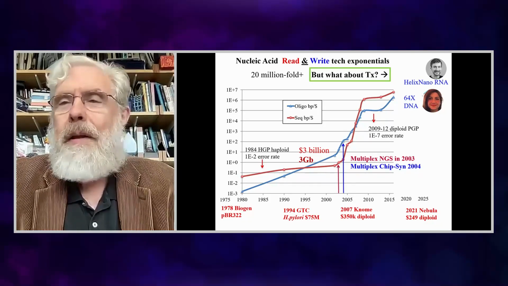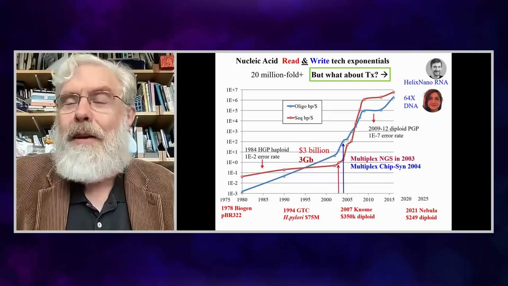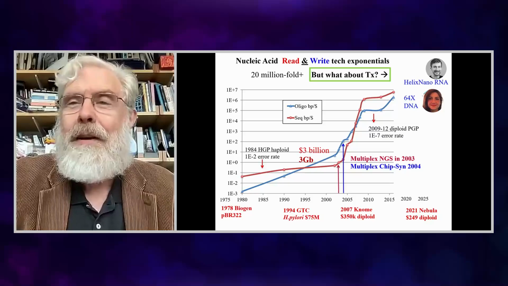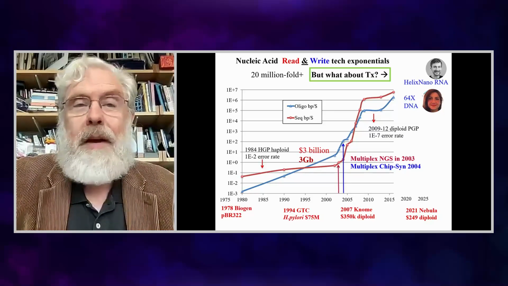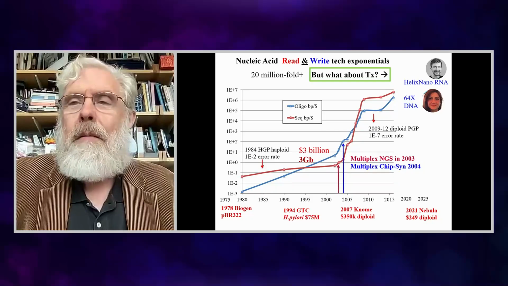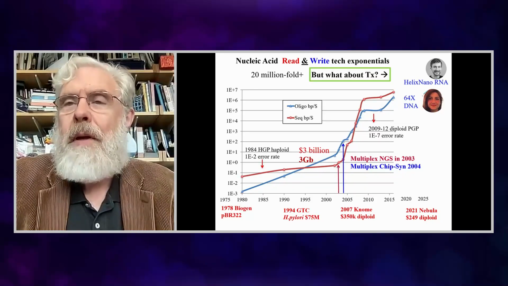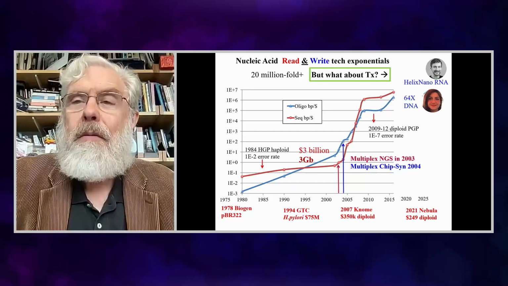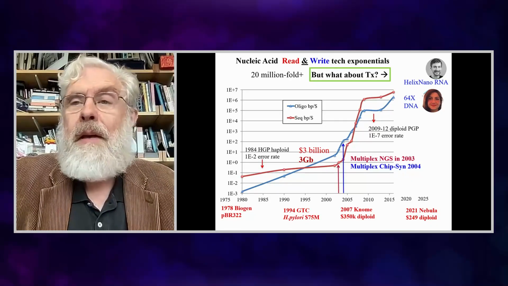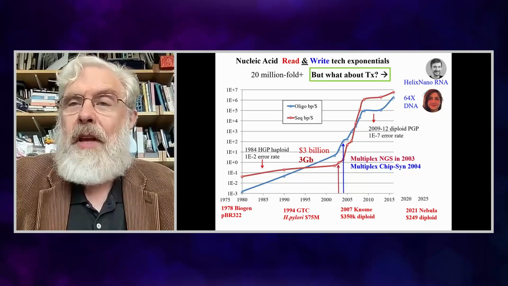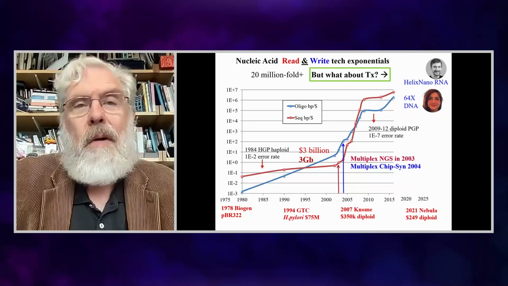We've been following sometimes as slow as the incredibly fast Moore's law for computers, and sometimes faster. In particular, we've improved about 20 million-fold our sequencing costs, maybe 5 factors of 10 in quality, and similar for writing raw DNA.